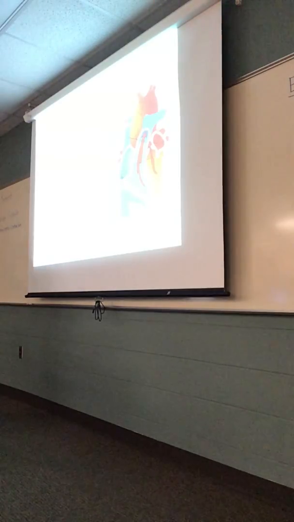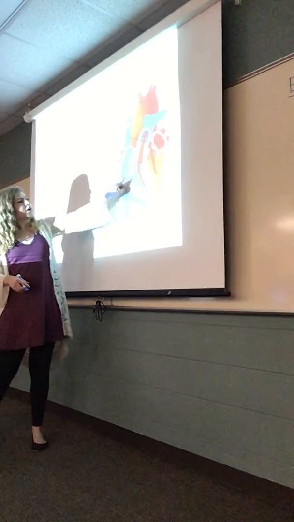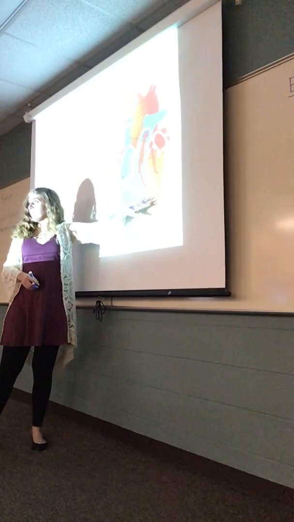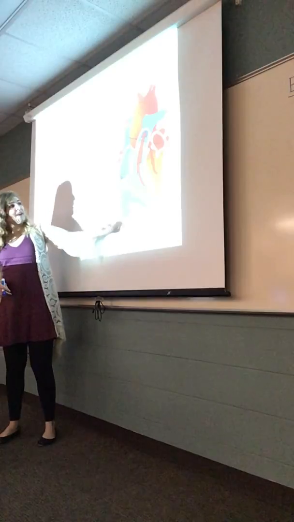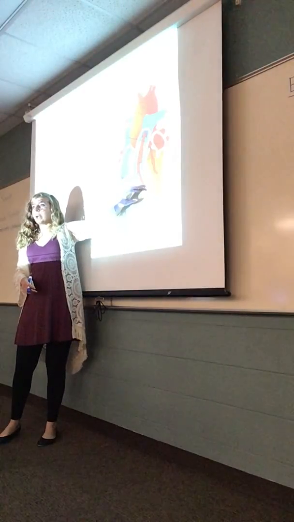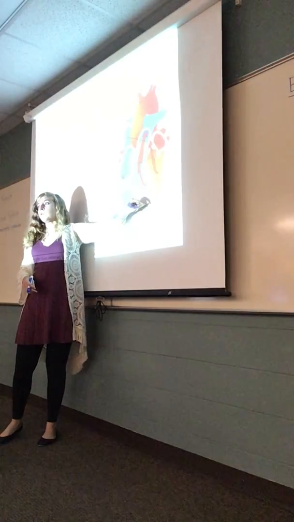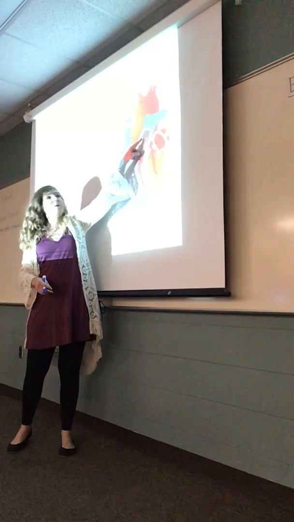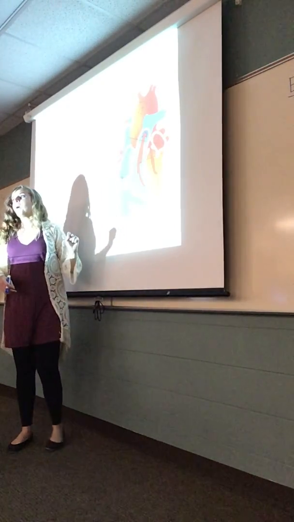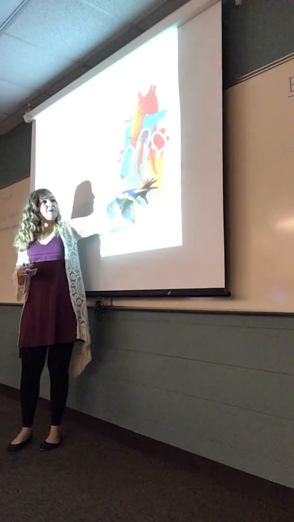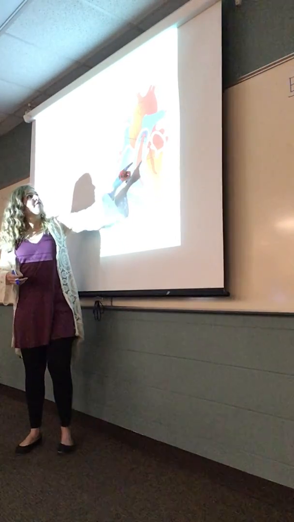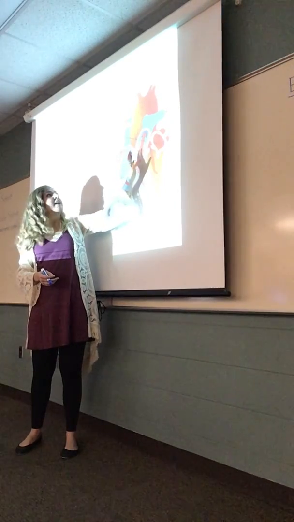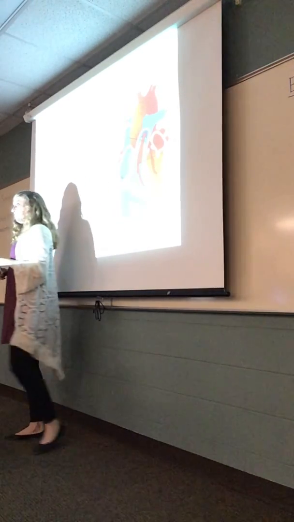So when the atria fill the ventricles and they each have about 130 milliliters in them, they build up tension, and the pressure in the ventricles has to rise to a greater pressure than what's in the pulmonary trunk and aorta. When that happens, the valves covering your pulmonary trunk and aorta open, and you have ventricular ejection.